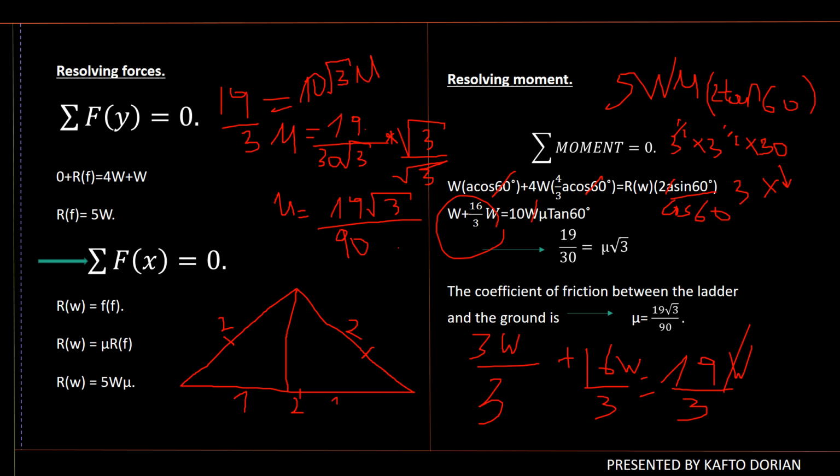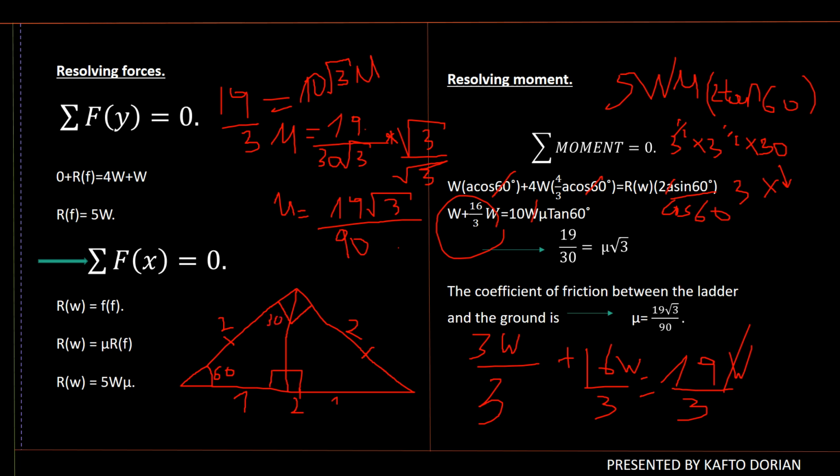Okay, so you realize that this is a right angle triangle. Here, first of all, you realize that on this side too is a right angle triangle. So if I have 60 degrees here, it means that on this side I have 30 degrees.